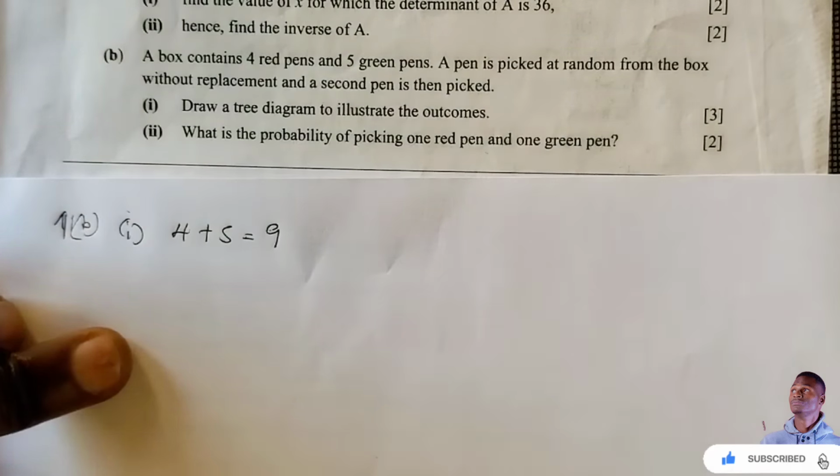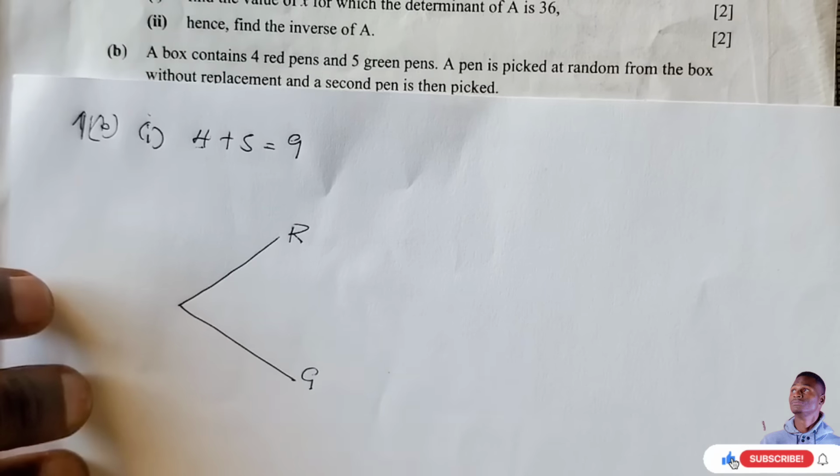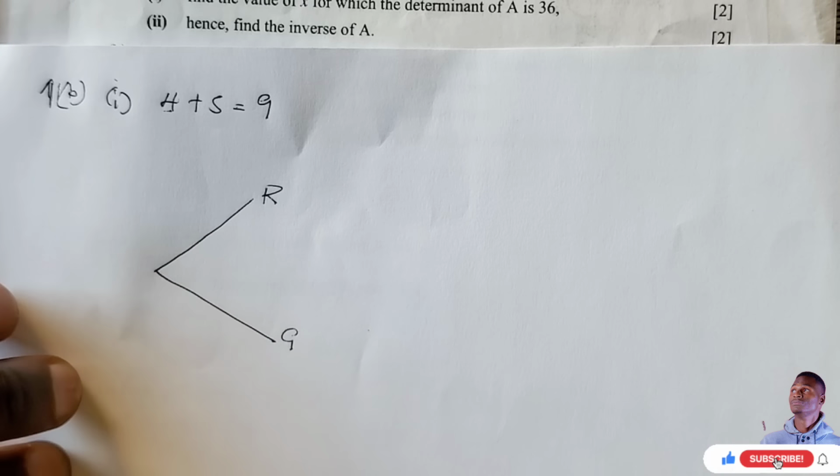Then you start. You begin. Our tree diagram is going to have how many branches? 2, yes, so our tree diagram is going to have 2 branches. The first 4 is for red, so we're going to write R here. Then 5 is for green, we're going to write G. Then first picking doesn't affect anything. Are we together?